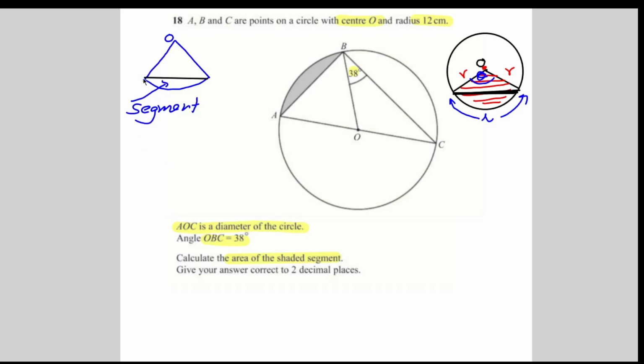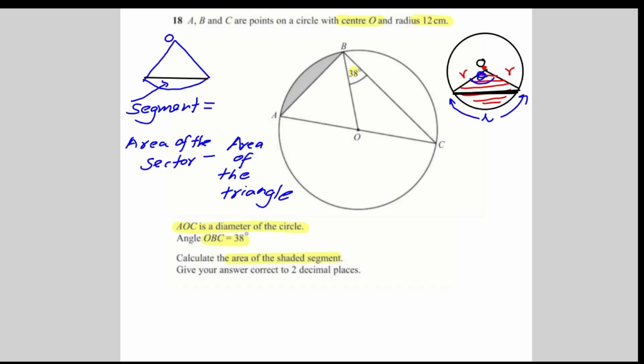If you want to get this segment area, you can get the area of the sector minus the area of the triangle.